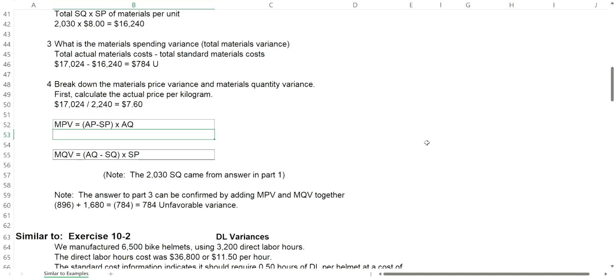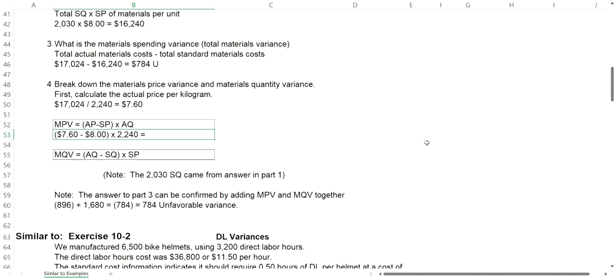Okay, now that I have that information, I can calculate my material price variance. Now I want to take actual price per kilogram minus standard price per kilogram, do that first, and then multiply it by actual quantity. So I just calculated the actual price is $7.60. It was given in the problem that the standard price per kilogram was $8. Now I want to take it times my actual quantity, which was given at 2,240 kilograms.